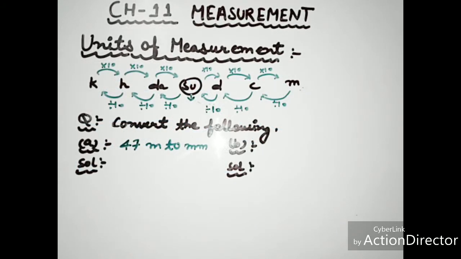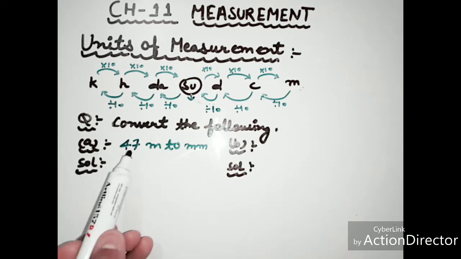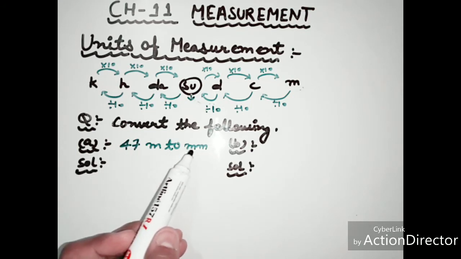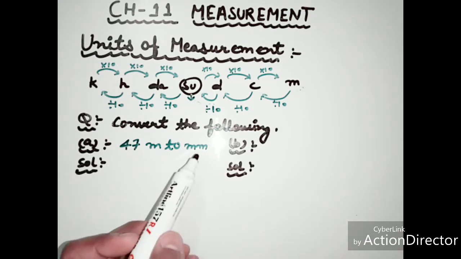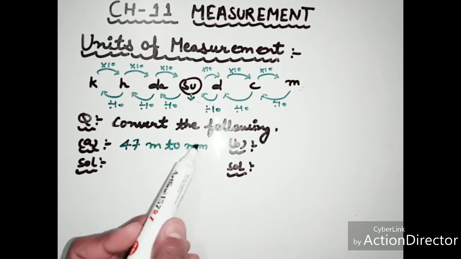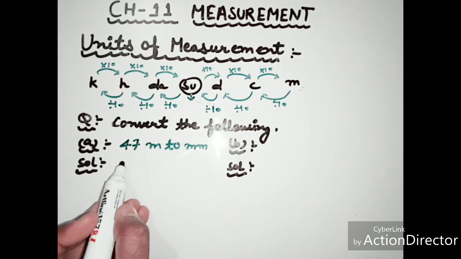Now students, here we will solve some questions related to conversion of units. Now the first question, convert the following. Example number A, 47 meter to millimeter. So here first we check how many millimeters in 1 meter.